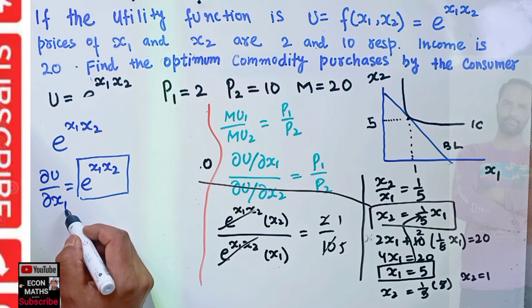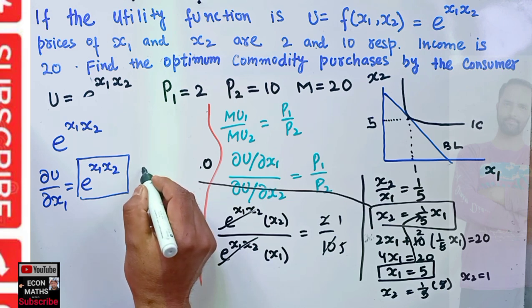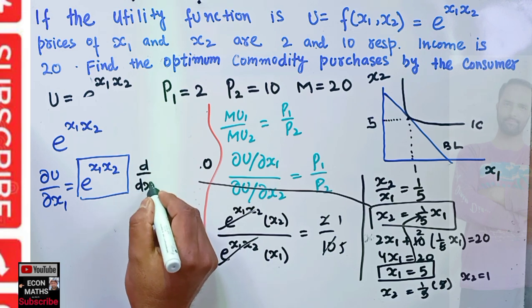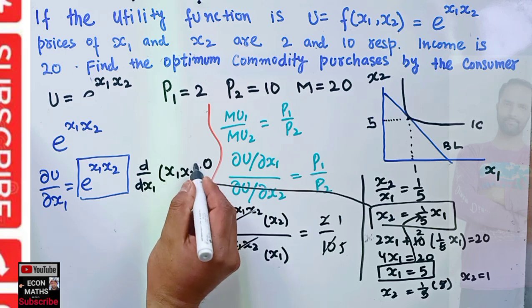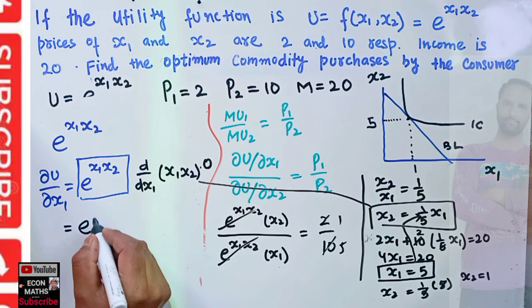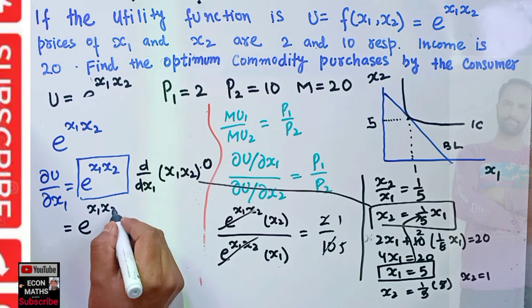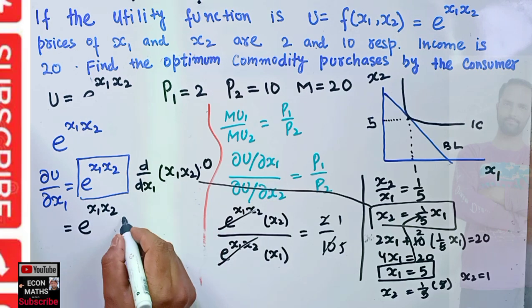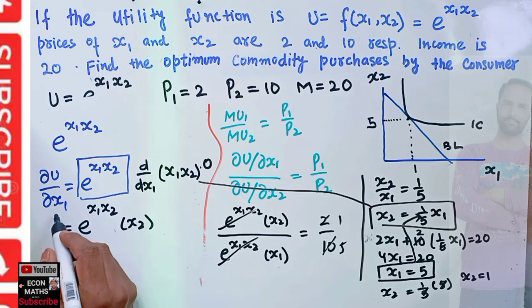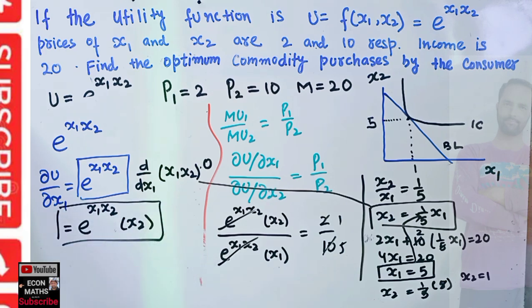Or we can simply use the chain rule, that means d upon dx1 of x1 x2. The derivative of x1 is 1, so we are left with x2. This is how we differentiate the exponential function.